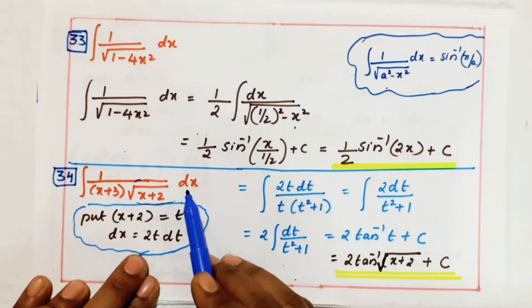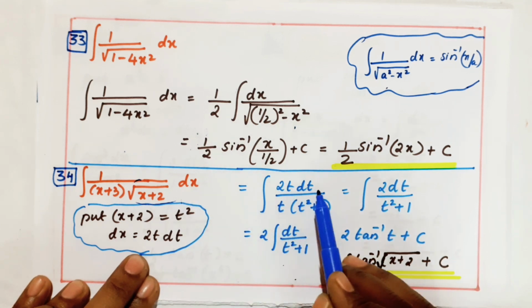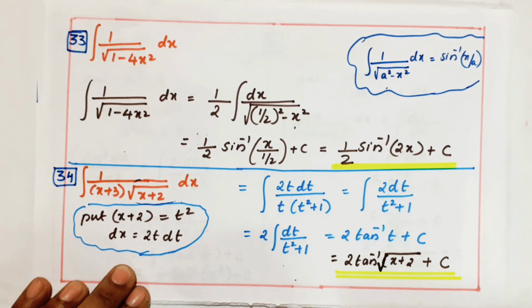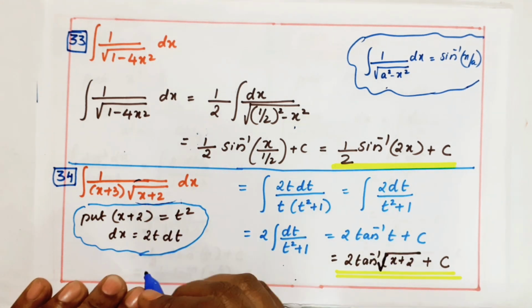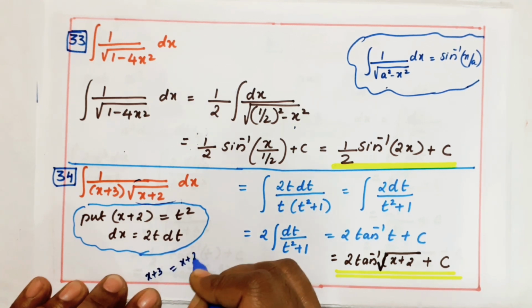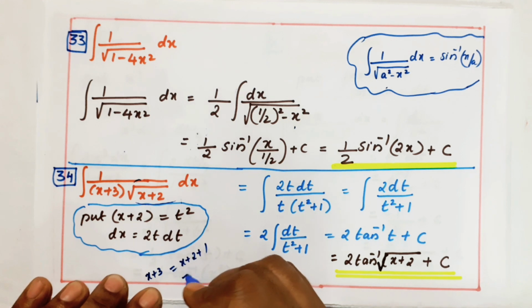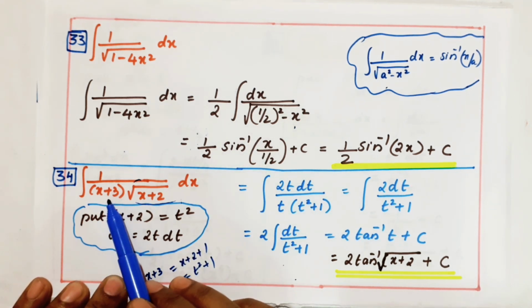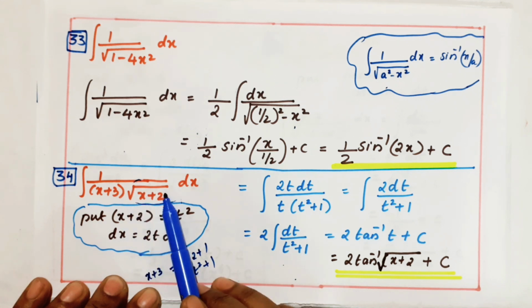In place of dx, I wrote 2t dt. In the denominator, it is x plus 3. We know x plus 2 is t square. So x plus 3, I can write as x plus 2 plus 1. X plus 2 is your t square plus 1. And I'm just writing this as root over x plus 2.